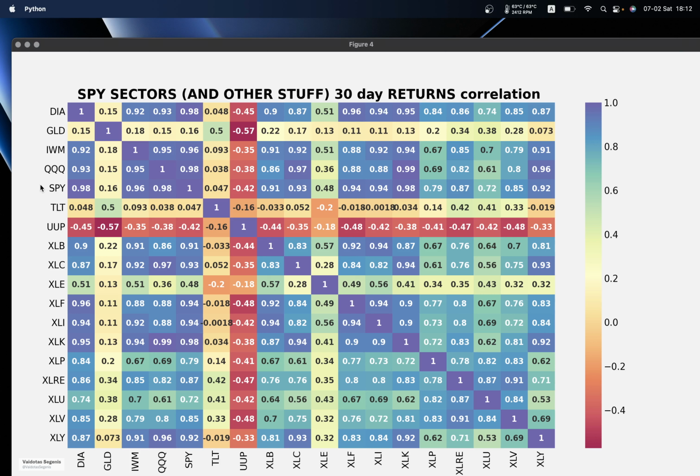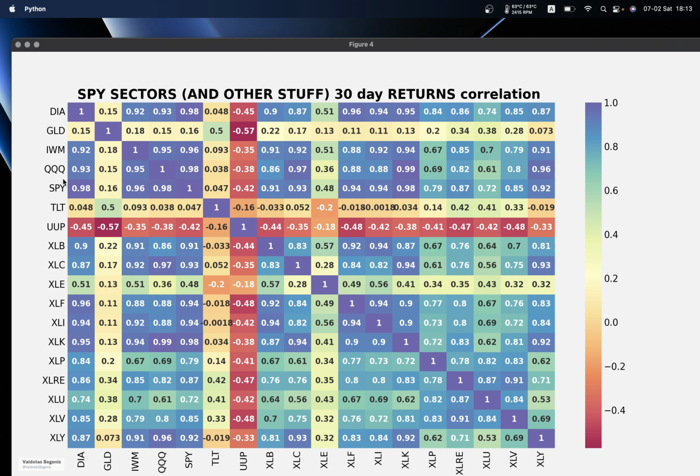For example, when you see that SPY has a 0.98 correlation to QQQ, well, it's kind of normal. But if you see that other sectors like XLF, XLY, and so on have numbers like 0.98, it's not normal. It means that people are selling everything, or people are buying everything.